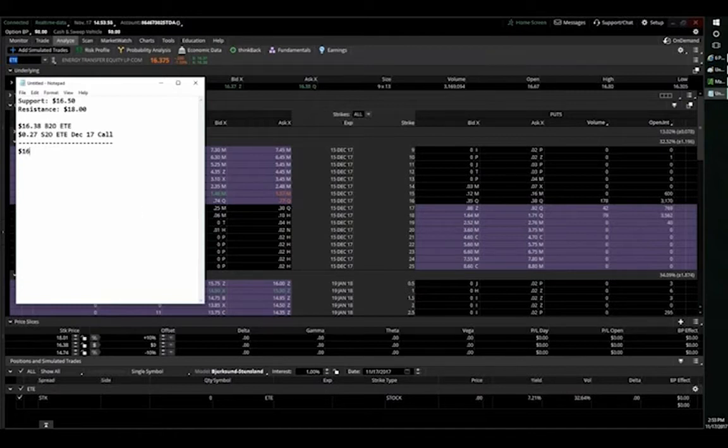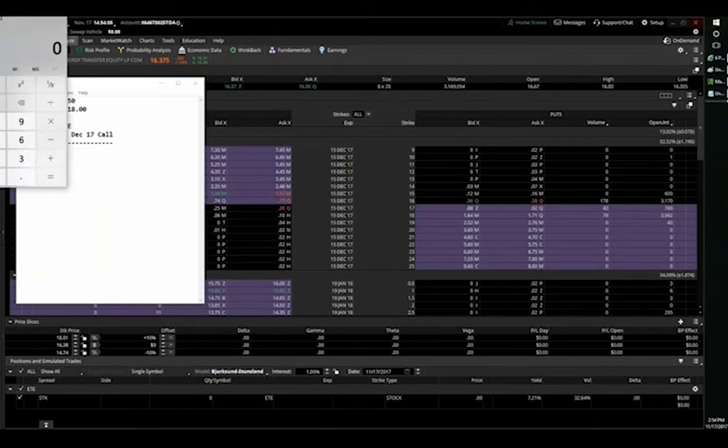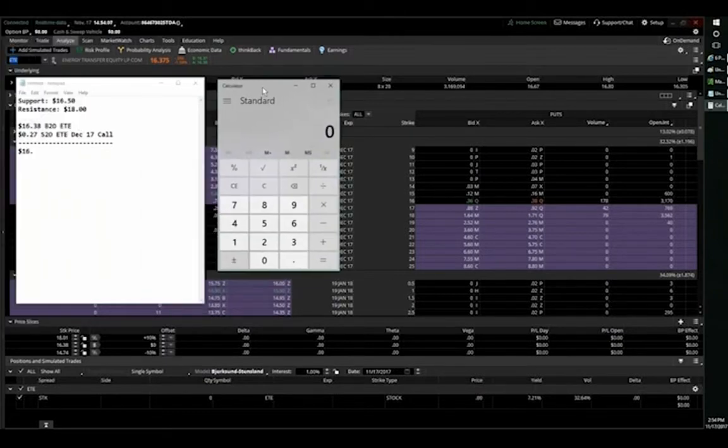Remember, that call becomes an instant dividend or a profit buffer for us. $16.11. Cost basis is otherwise known as the break-even price, right?